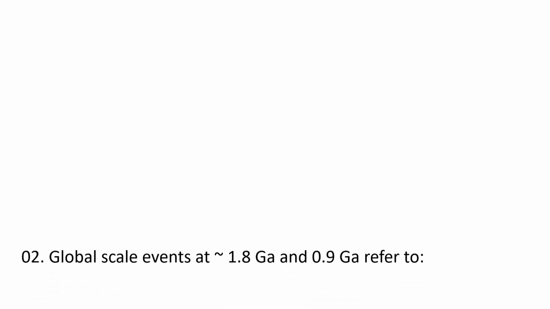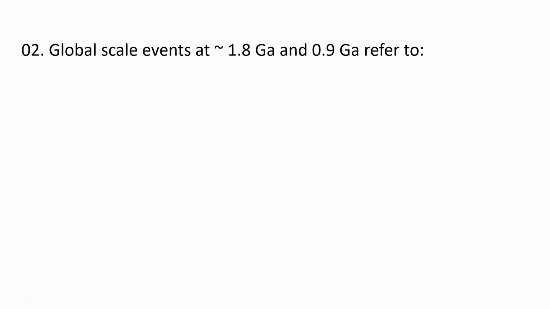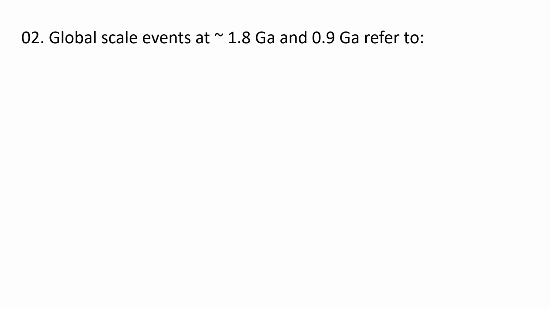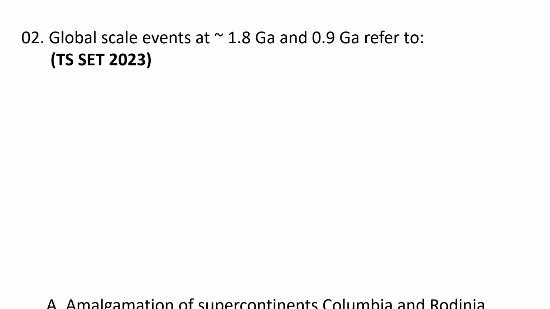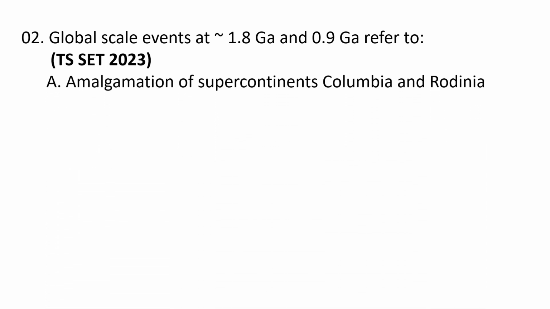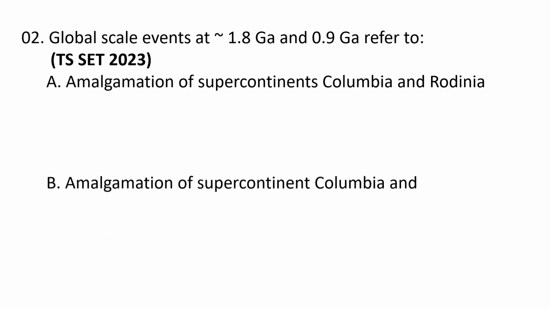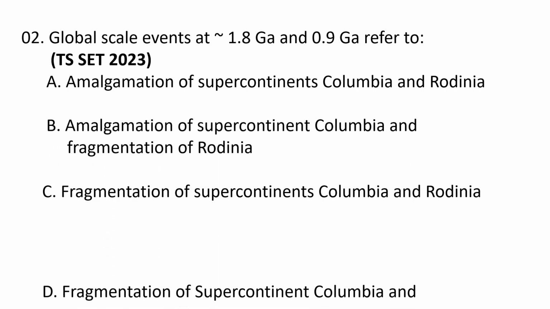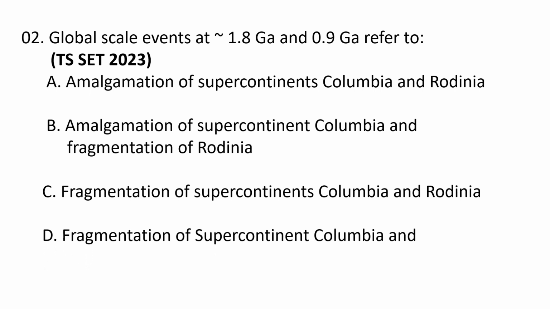Next question. Global scale events at 1.8 billion years and 0.9 billion years ago refer to A. Amalgamation of supercontinents Columbia and Rhodinia, B. Amalgamation of supercontinent Columbia and fragmentation of Rhodinia, C. Fragmentation of supercontinents Columbia and Rhodinia, and D. Fragmentation of supercontinent Columbia and amalgamation of Rhodinia.